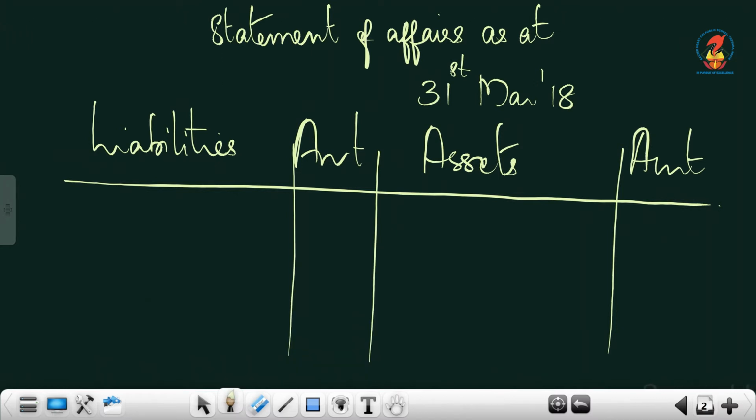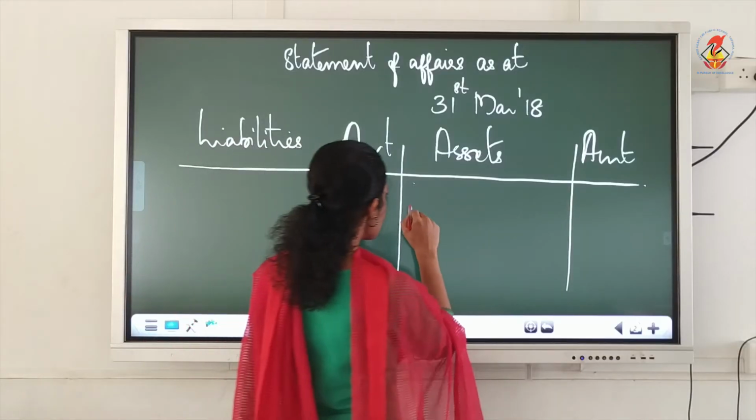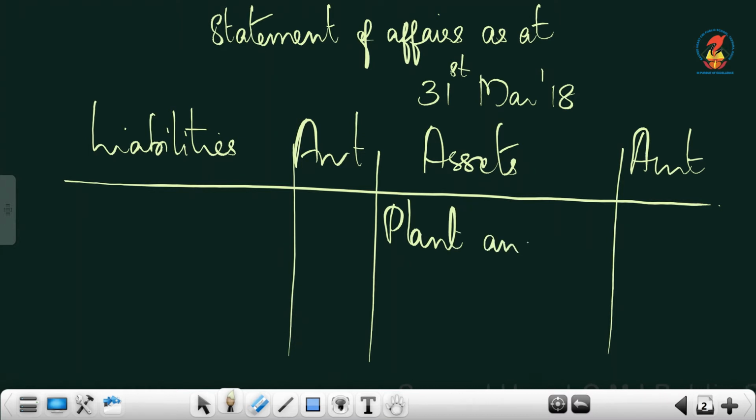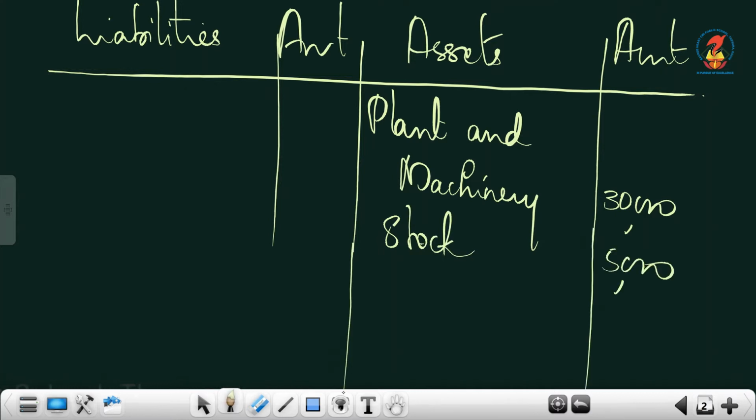The items are directly given, you just have to copy these. Plant and machinery 30,000. Then stock 5,000. Cash in hand 100.